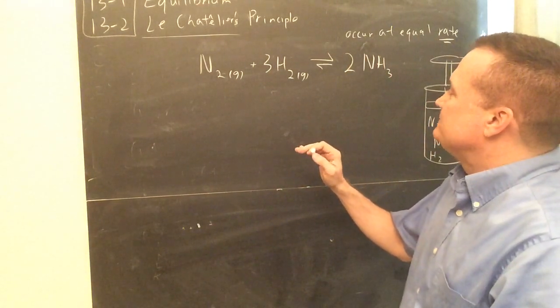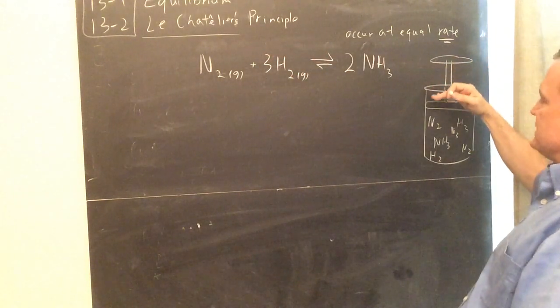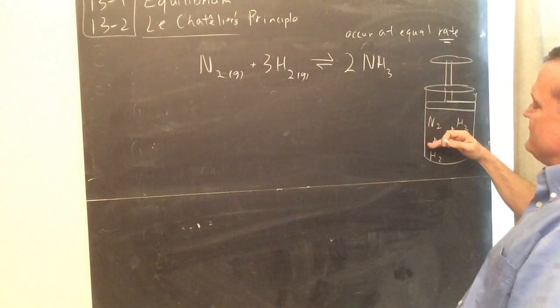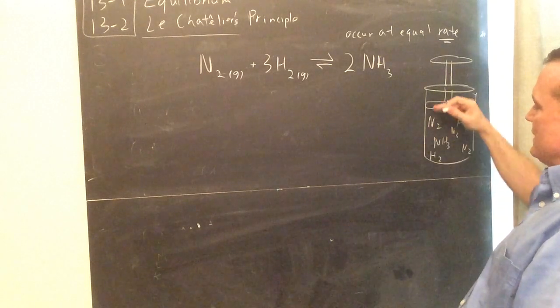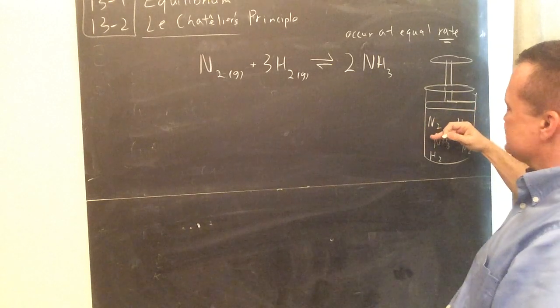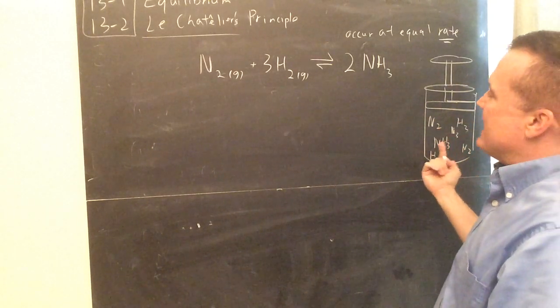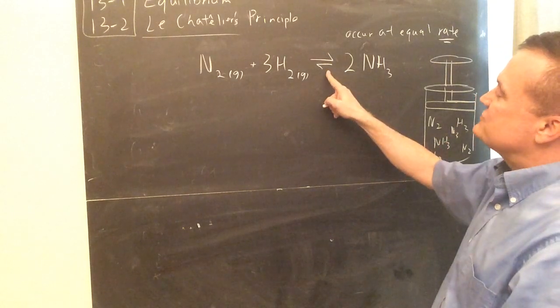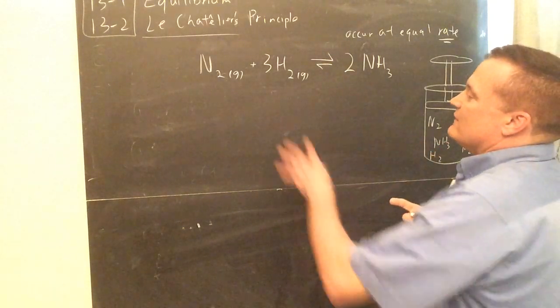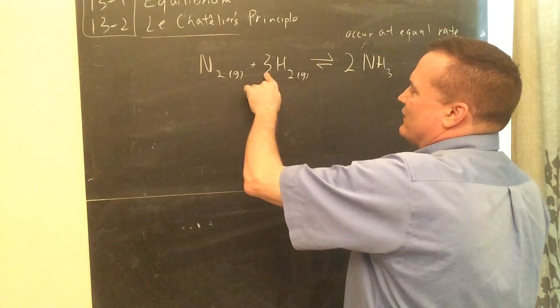For example, let's just say that I push this piston way, way, way down. It has a very, very small volume. If I compressed it way down, all these molecules are now in a small volume. That means they're going to have a high pressure. So, can it do anything to offset the high pressure? Well, think about it. This reaction has 1 mole of nitrogen and 3 moles of hydrogen.